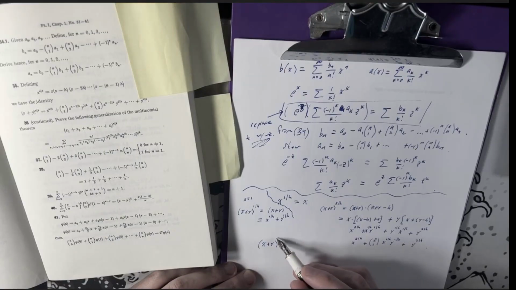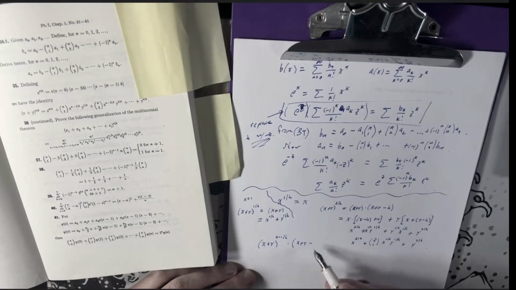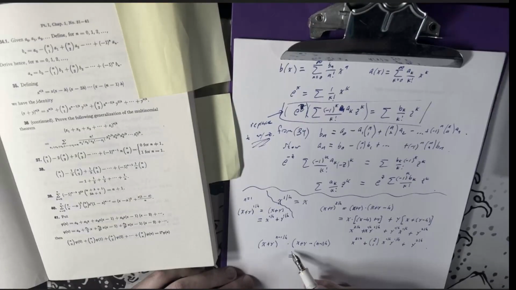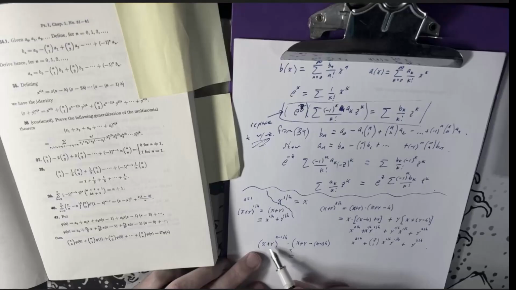Could you take n minus 1 h and multiply by x plus y minus, I guess it would really be this, right? And do you basically show that you get the formula for x plus y to the nh.